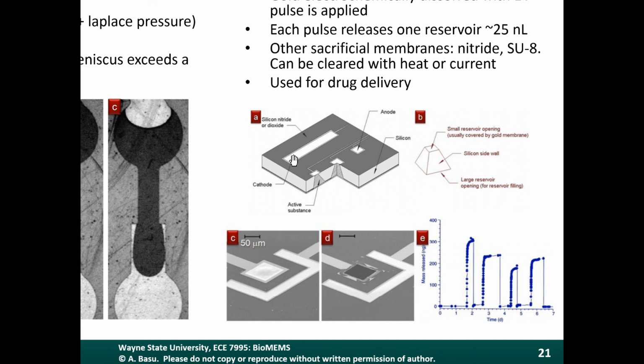They had one common cathode, and each one of these different membranes would be the anode. So if you wanted to break this one, for example, you apply voltage between the anode and the cathode here, and there's an electrochemical reaction that would dissolve the gold, leaving this region open, and then the drug could basically diffuse into the body.